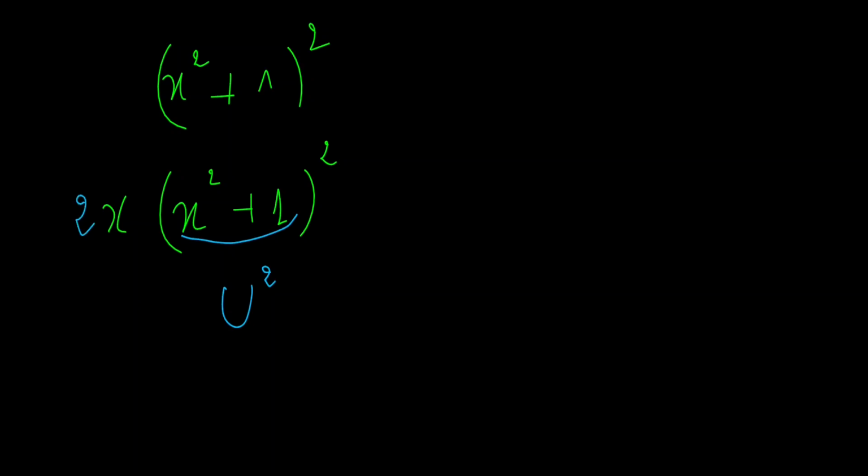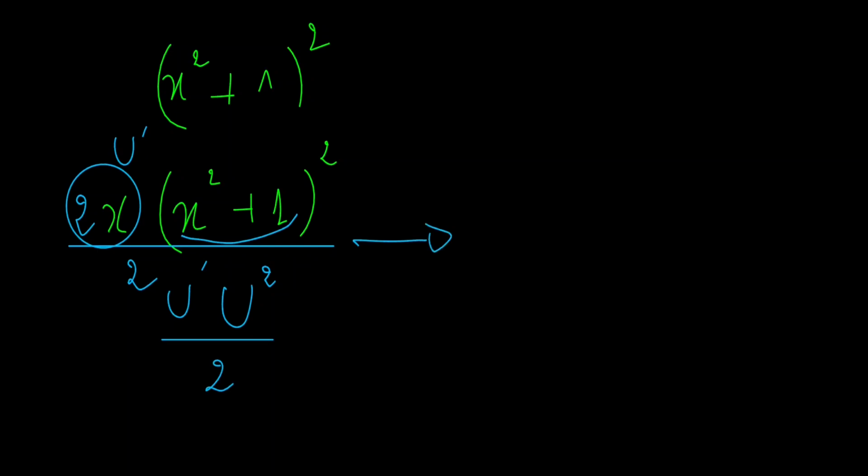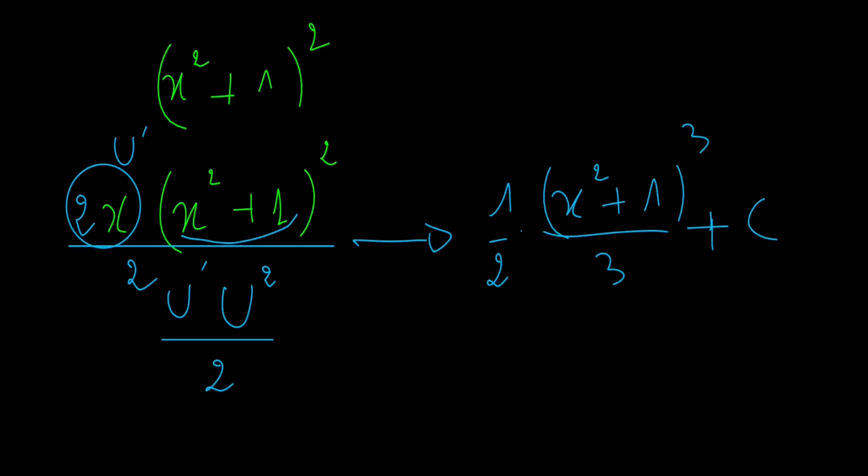Then we multiply by 2 and divide by 2 to have u prime multiplied by 2 over 2. Here we can use the power rule and find the antiderivative that we can write in the form u power of 3 over 3 multiplied by 1/2 plus c. We can also write it in the form u power of 3 over 6 plus c.